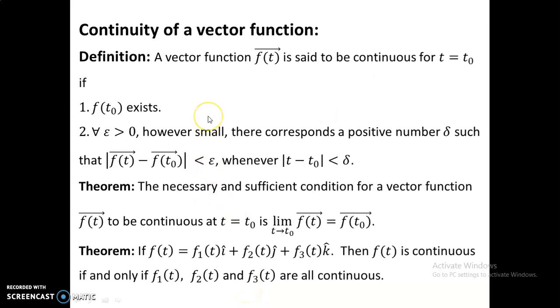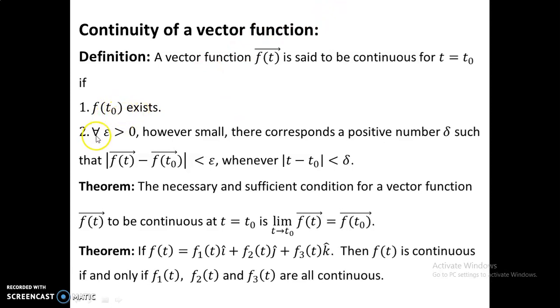And now we shall see the continuity of a vector function definition. A vector function f of t is said to be continuous for t equal to t naught if the following conditions hold. First, the function exists at t naught.